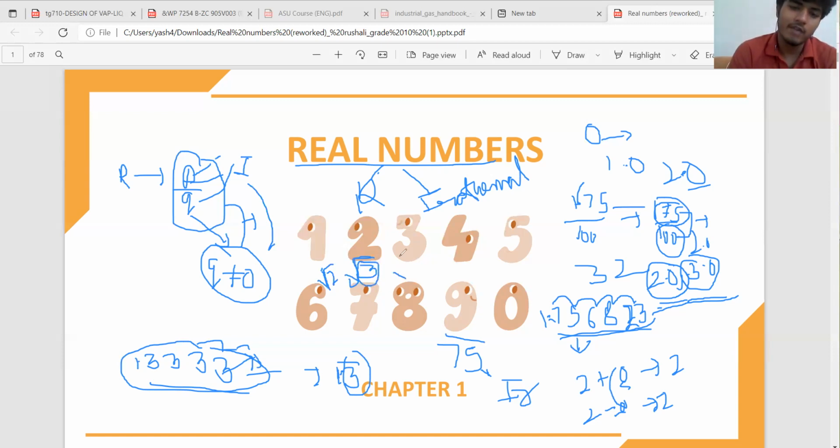Like if we have root 4, this comes out to be 2, so 2 by 1 is a rational number, because it is in the form of p by q, 2 and 1 are integers, and 1 is not 0. We have the condition that q is not equal to 0, and here it is fulfilled.